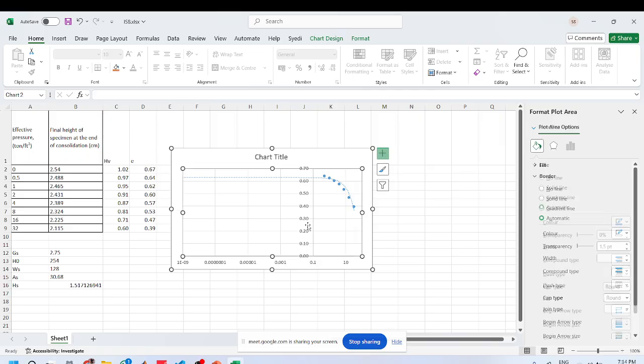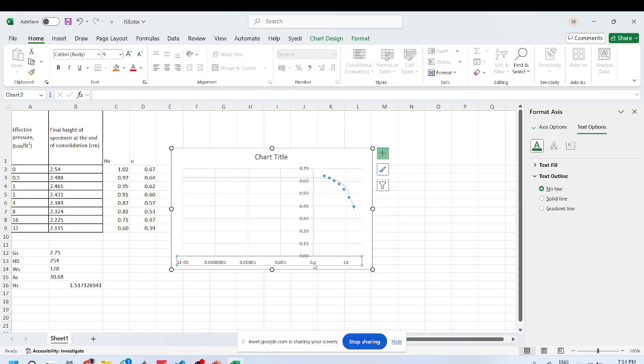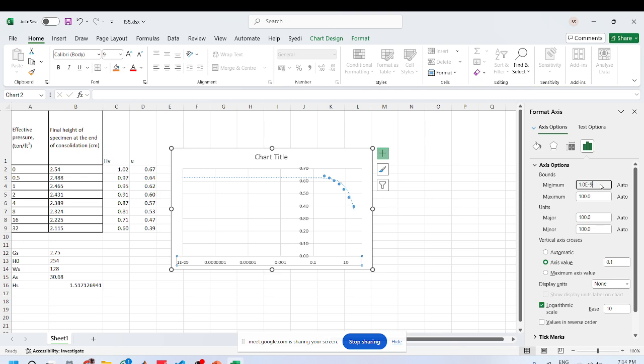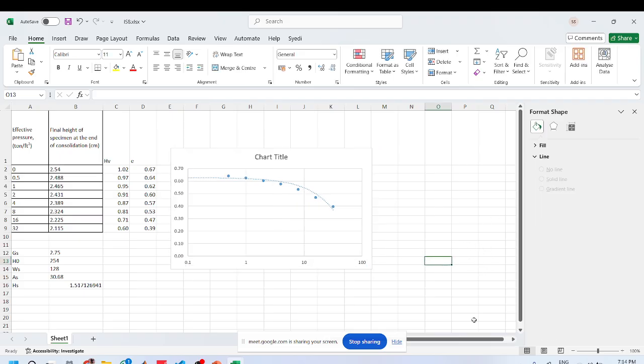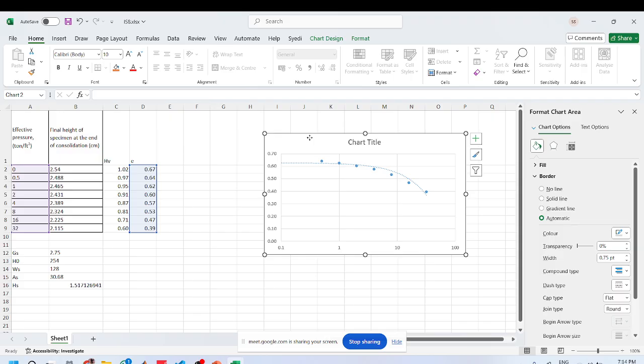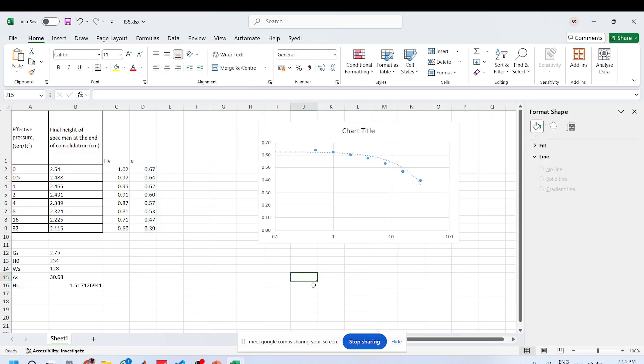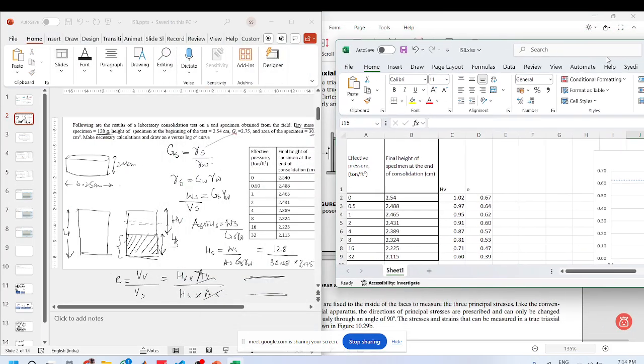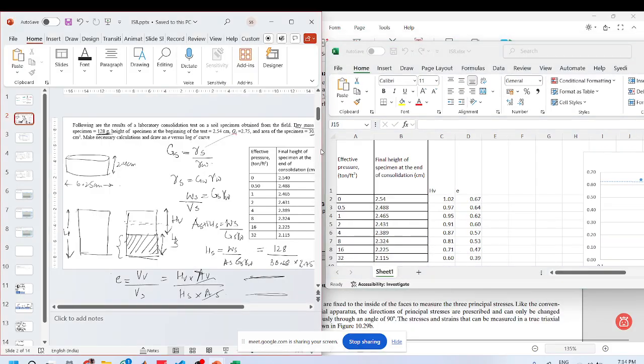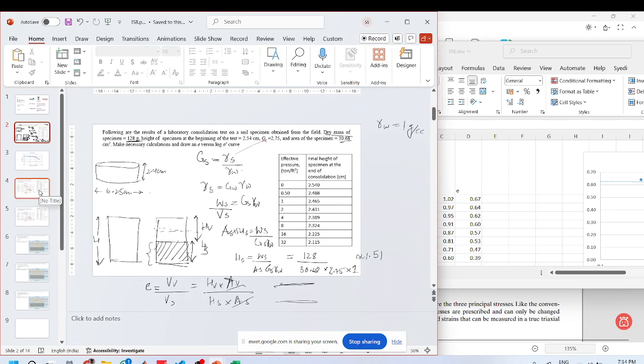Starting from... okay. So this kind of a graph you will see. So it's probably an over consolidated soil. Let's move on to the next question.